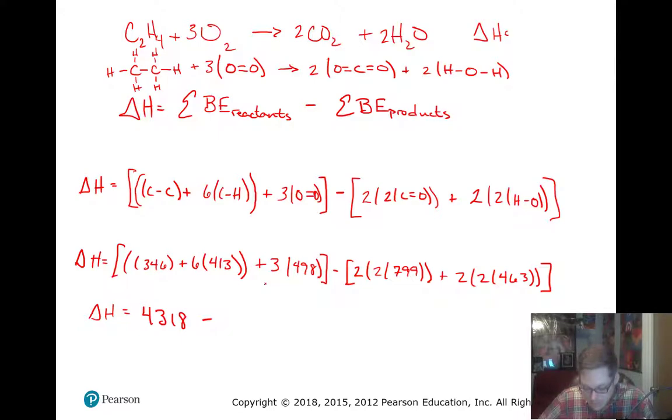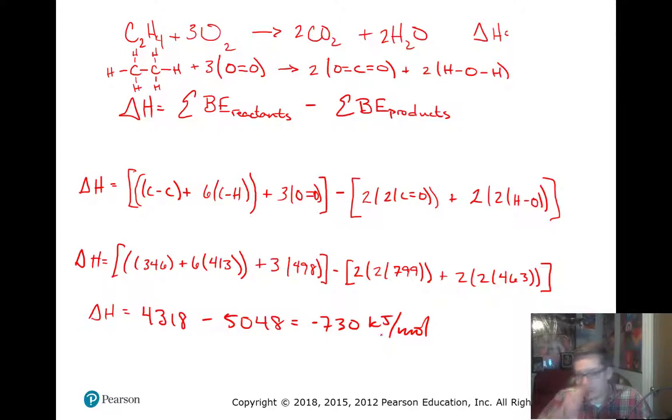Please let it be bigger than 4318. Oh, good. I got 5,048. So then we can take those two values. We'll say 4318 minus 5,048. We get negative 730 kilojoules per mole.